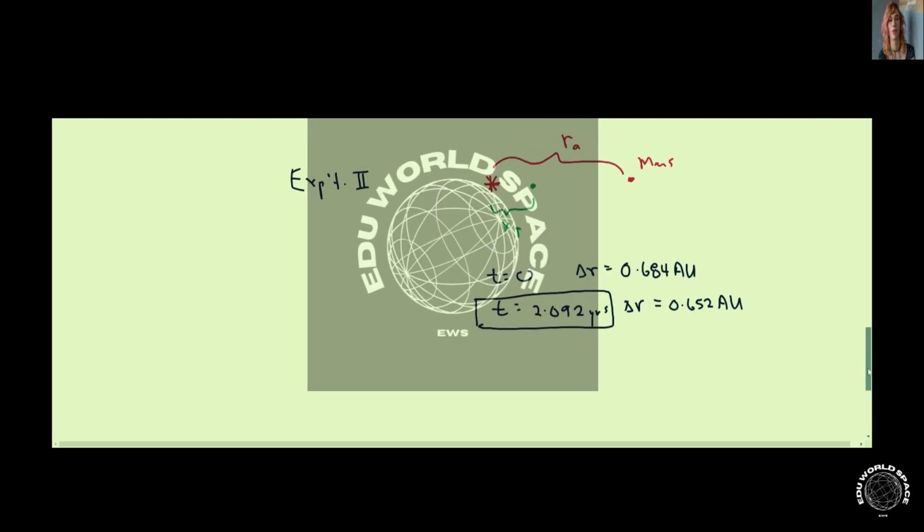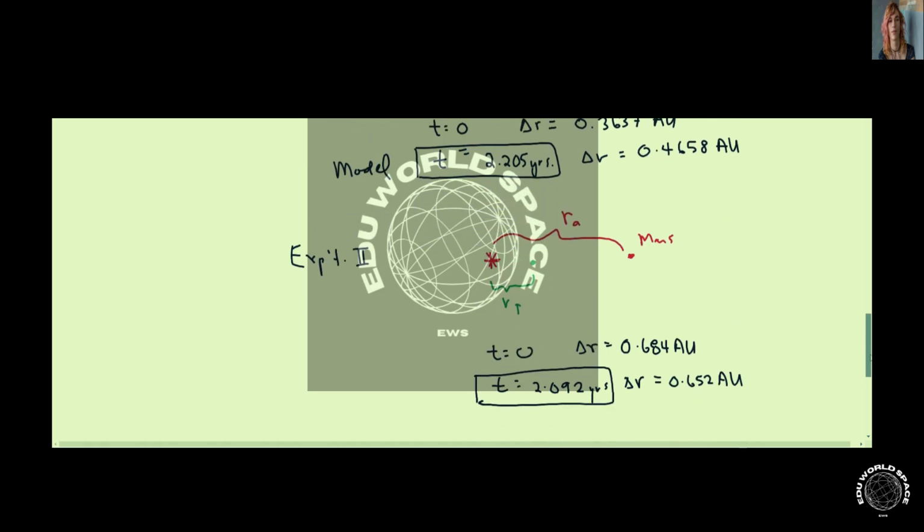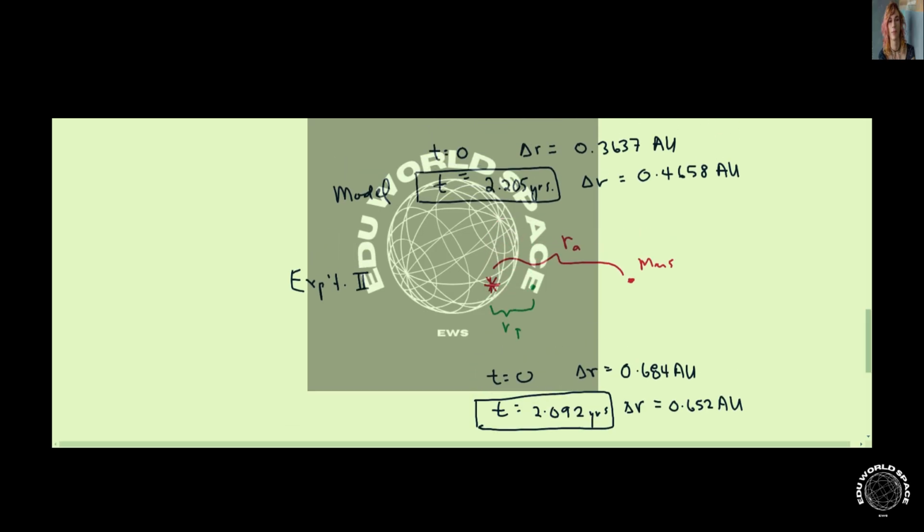The other thing that's interesting to note is there's quite a variation in the difference in radii, and that is what you can see will result in a different brightness. Because we're closer to Mars at some times during opposition, Mars will appear brighter, and noticeably so. And of course, those are the so-called favorable oppositions, and people get really excited about going out to view Mars during those particular oppositions.